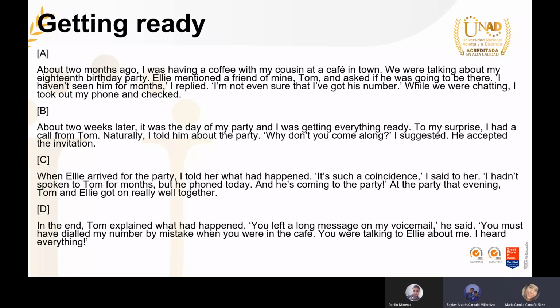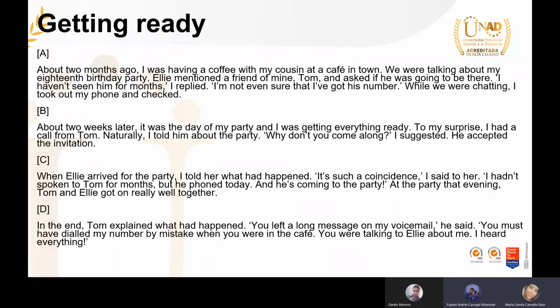When Ellie arrived for the party, I told her what had happened. It's such a coincidence, I said to her. I hadn't spoken to Tom for months, but he phoned today, and he's coming to the party.